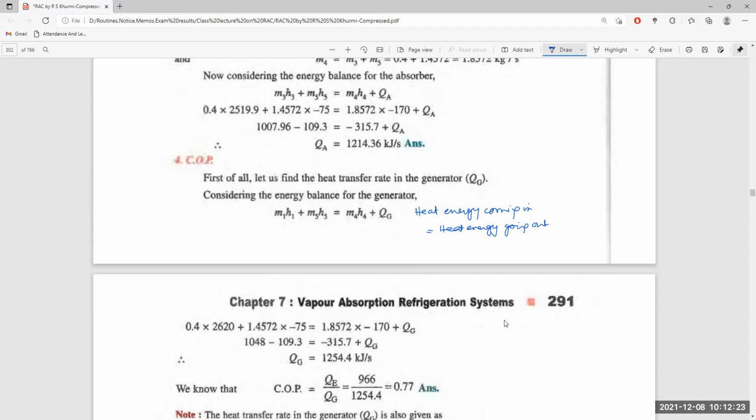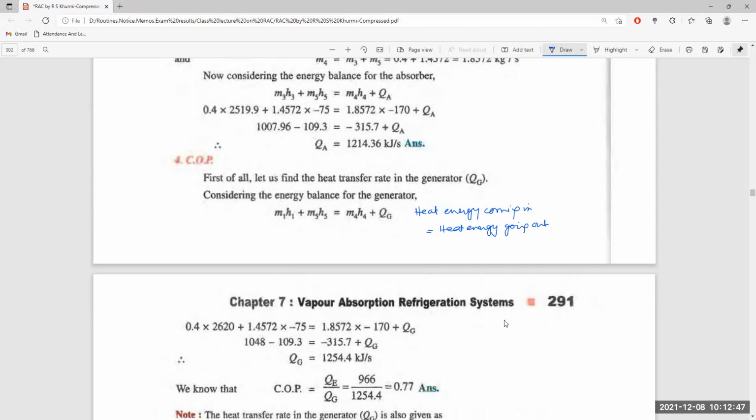The mass flow M1 H1 plus M3 H5 is equal to M4 H4 plus QG, the heat the generator produced. This is the amount of mass going out, and this is the amount of heat given to our refrigerators. So we put in the values of M1, M5, H1, H5, and M4, H4, and QG.